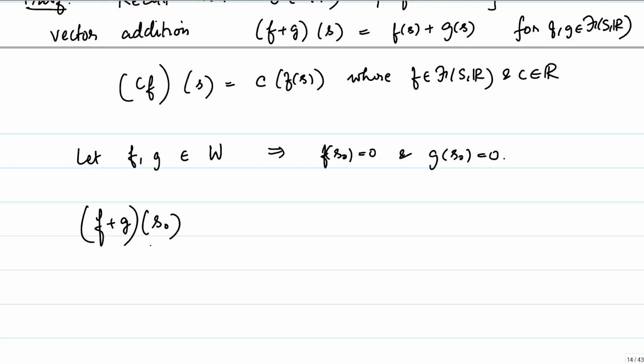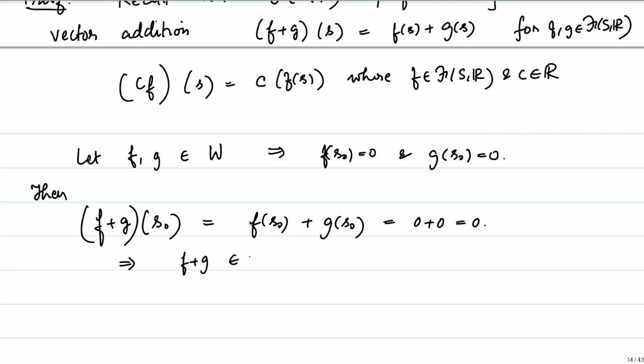By the definition, f plus g of s naught is equal to f of s naught plus g of s naught, which is equal to 0 plus 0, which is equal to 0. Therefore f plus g belongs to capital W.